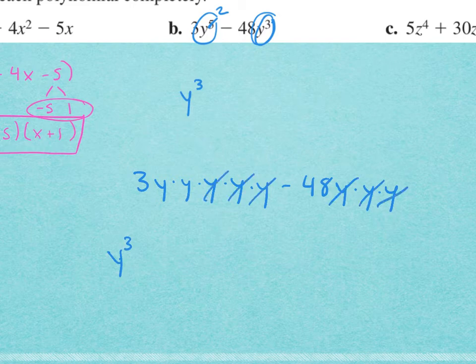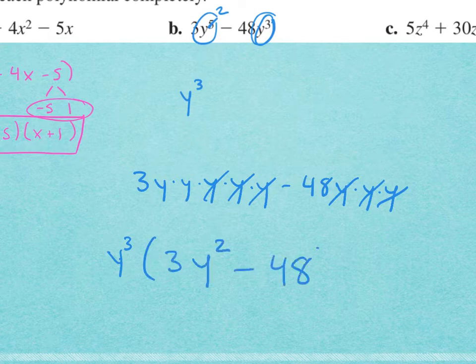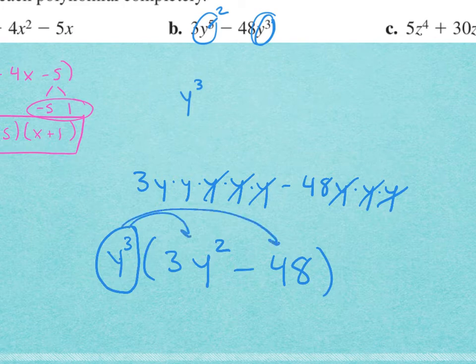So that's why I can take out 3. So then I'm left with 3 and 2 y's in the first one, and then no y's in the second one. If I multiplied this y cubed back out to these 2, I would get what I started with in the original, which would be 3y to the 5th power minus 48y cubed.